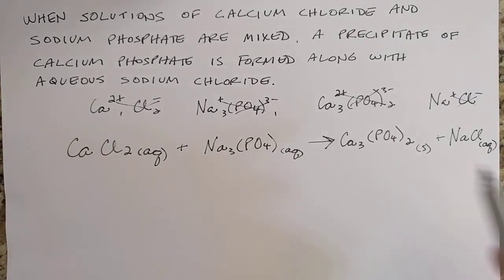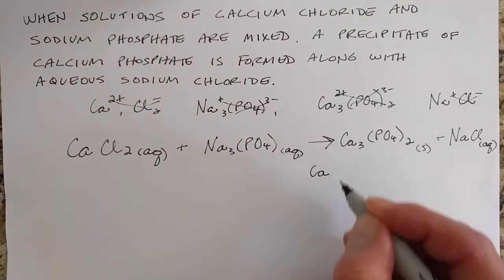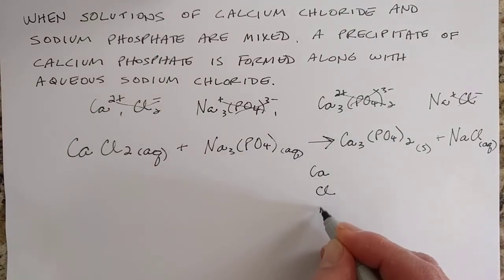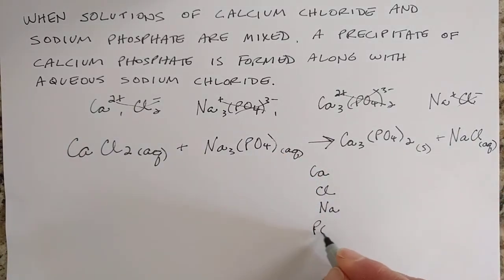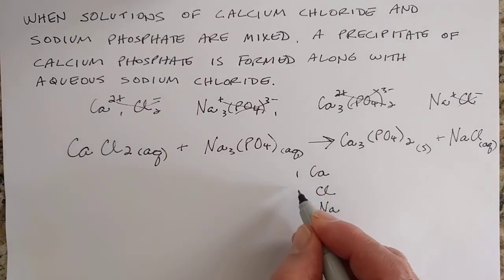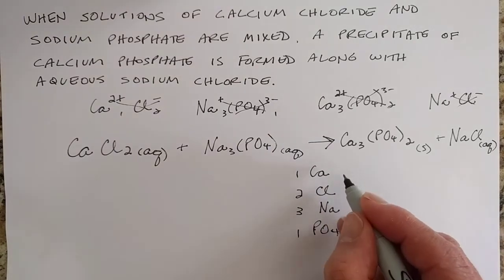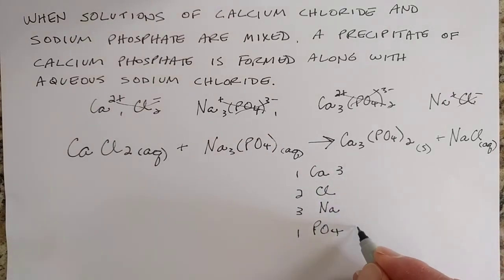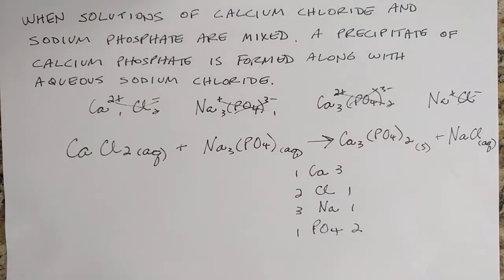All right, so now we have all our formulas. Now we can just go ahead and balance as usual. Calcium, chlorine, sodium. I'm going to balance phosphate as a group. On this side, 1, 2, 3, 1. And on this side, I have 3 calcium, 2 phosphate groups, 1 sodium, and 1 chloride.